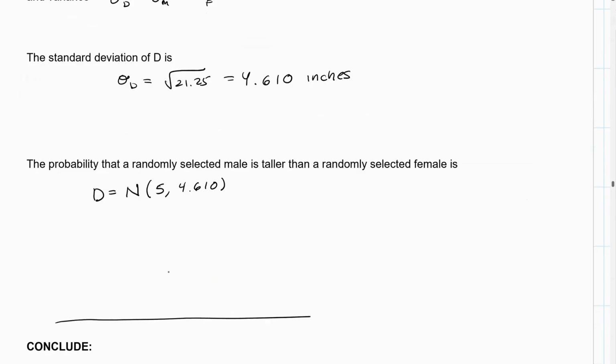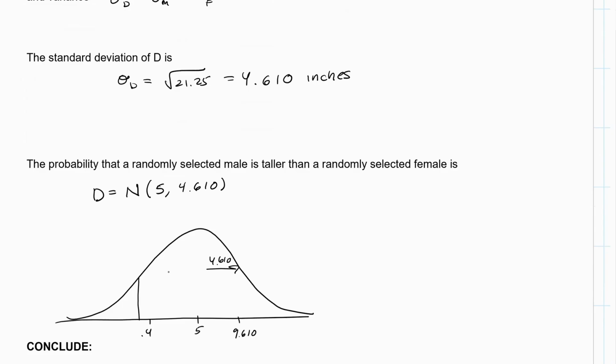So I will draw that out without complaint. There's 5. And then here is about 1 standard deviation up, 4.610. So this is 9.610. Let's go down 1 standard deviation, and that's about 0.4.